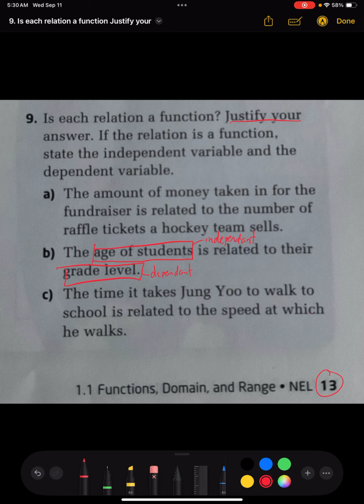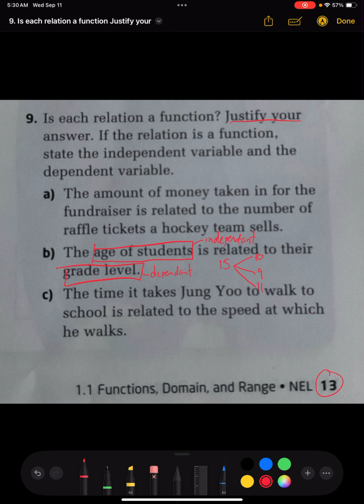Is this a function? I don't think so. Because if I had a student that was 15, they could be in grade 10, they could be in grade 9, they could be in grade 11.